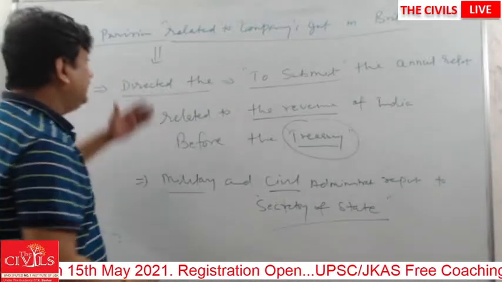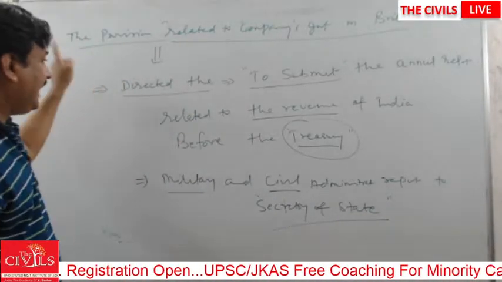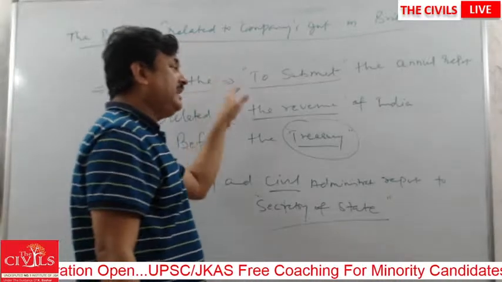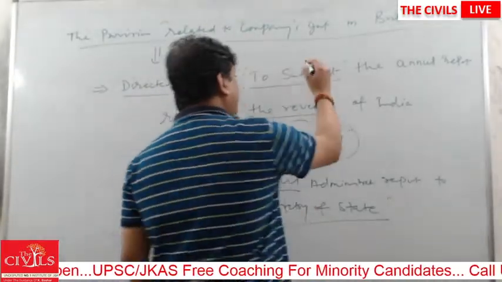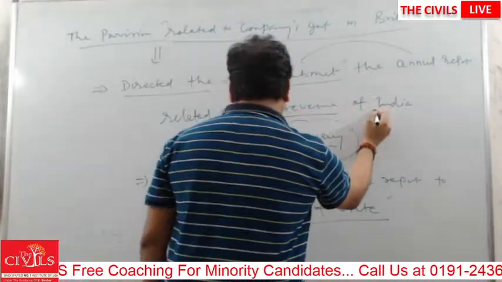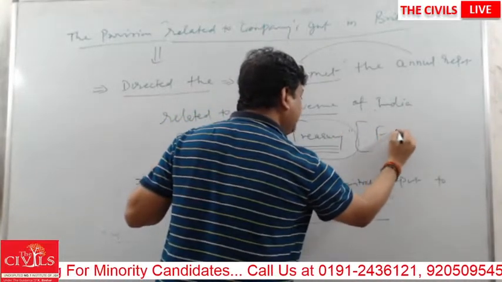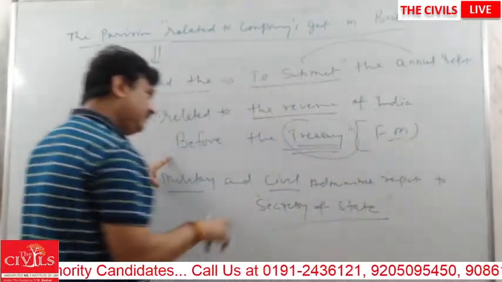Okay, so the provision: the Regulating Act directed the directors of the company to submit the annual report related to the revenue of India before the Treasury. Treasury means the Finance Ministry of Britain.